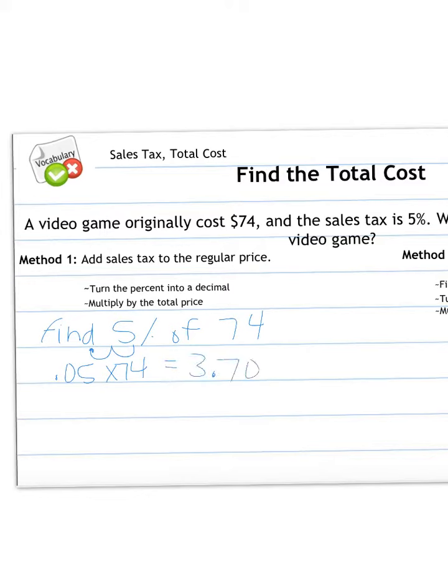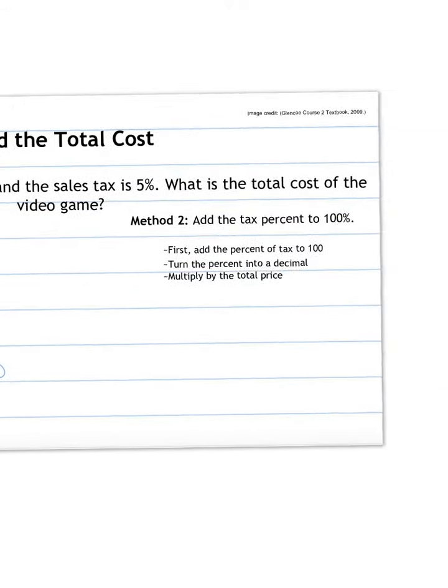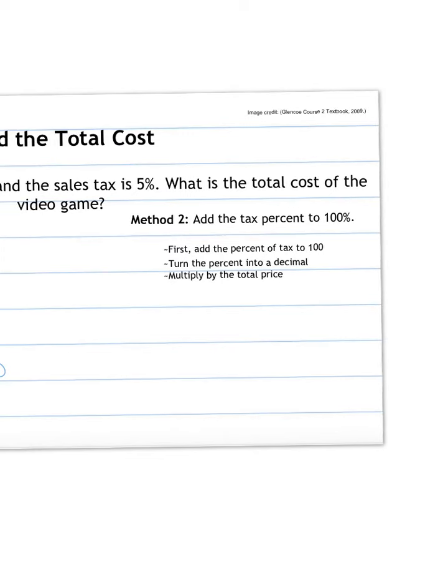So the sales tax on this item is $3.70, and we add that back on to the original price. And so the total cost of this video game would be $77.70.